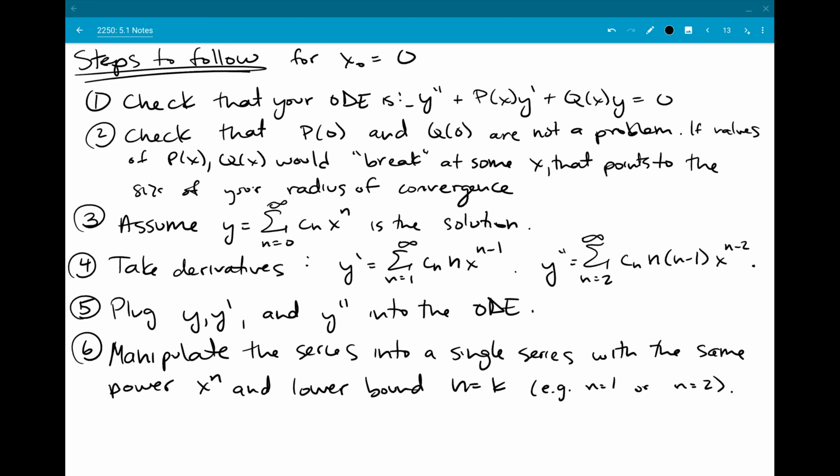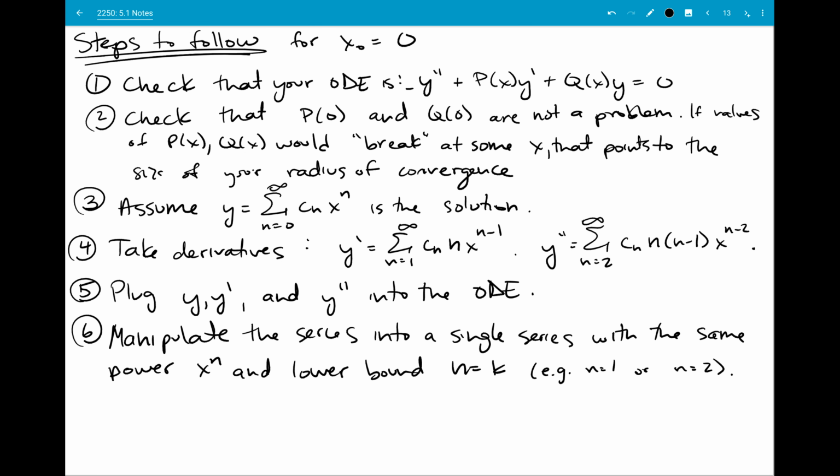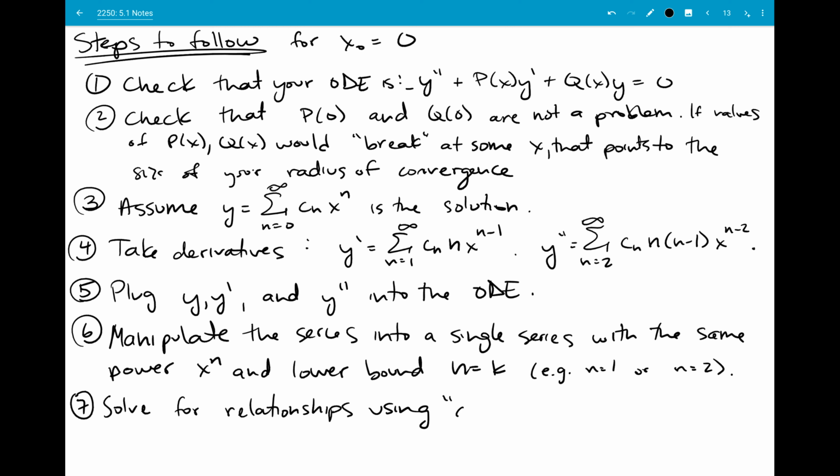And then you're just going to solve for relationships using Cn that make the series equal to 0.